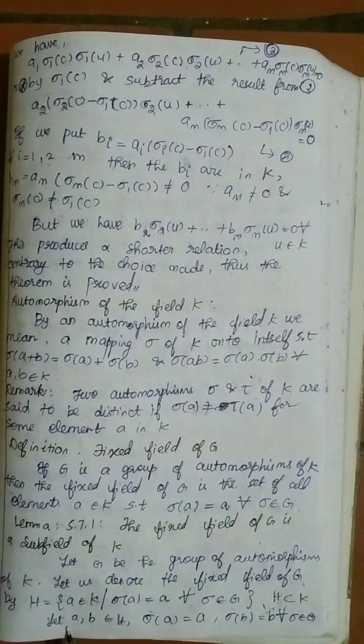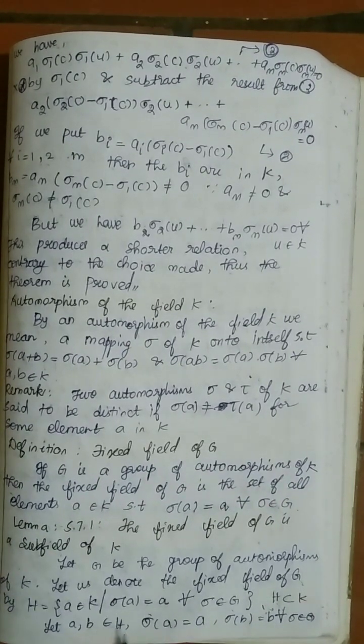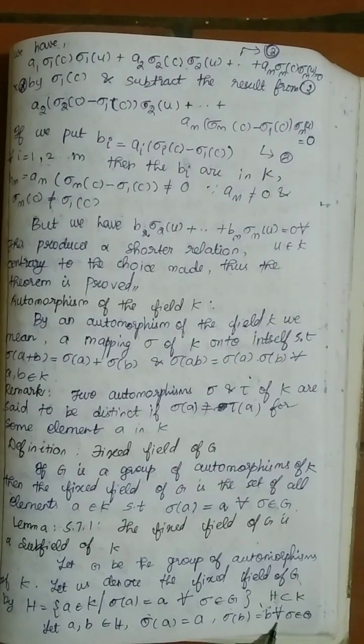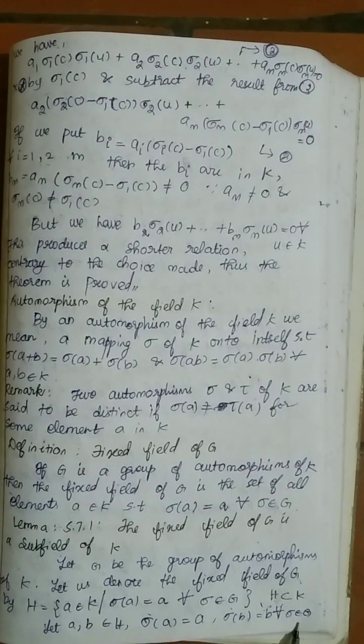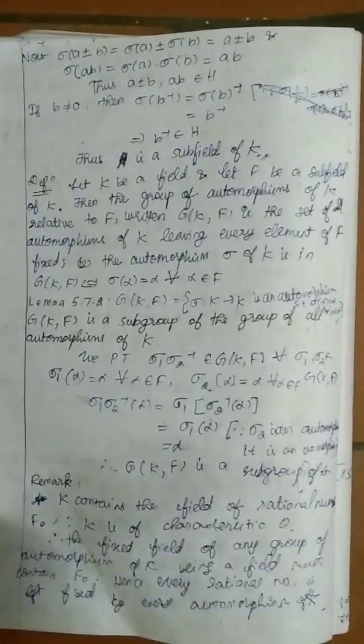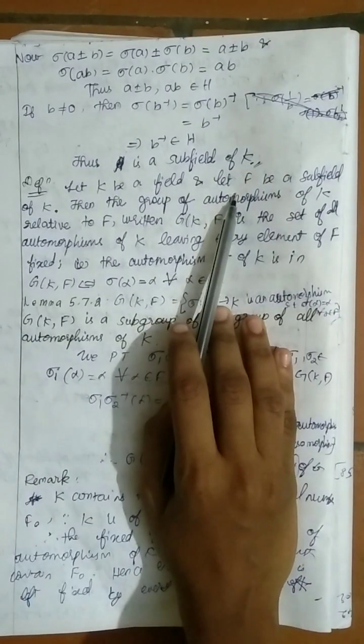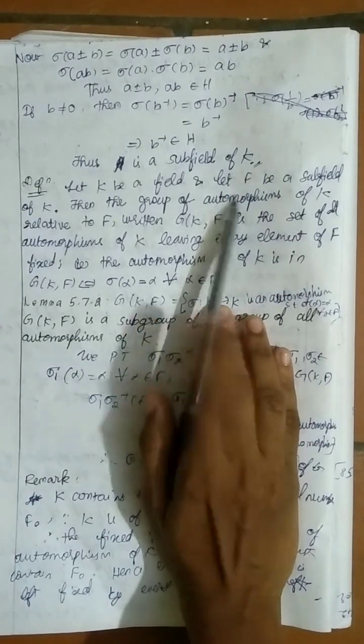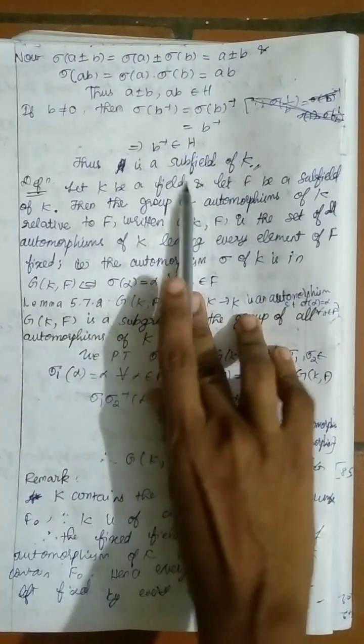But for proving that, we are taking some A and B from H. If I take some A and B from H, what are the properties it has? Sigma of A equals A and sigma of B equals B. This is true for all sigma belonging to G, right? Now, if I consider sigma of A plus or minus B, I can spread it out because sigma is an automorphism of the field and it has the property of preserving the operation.